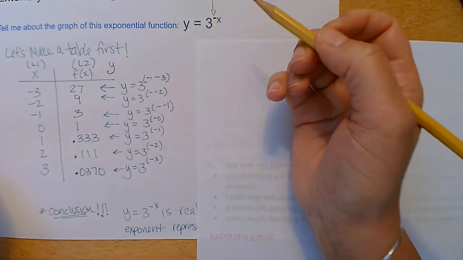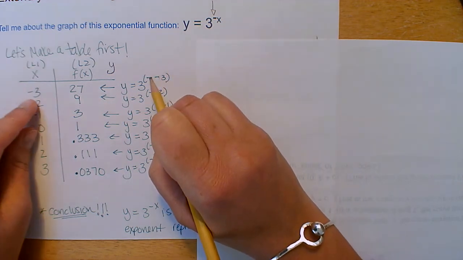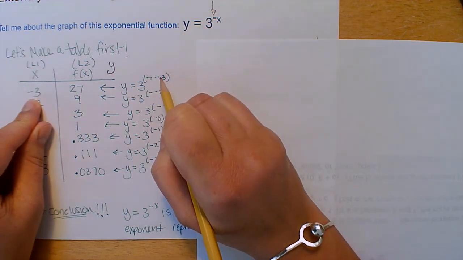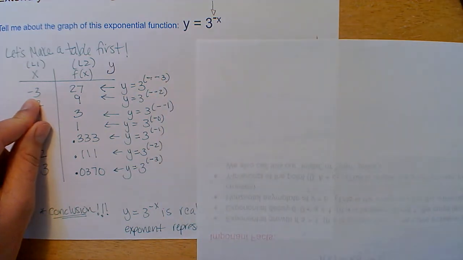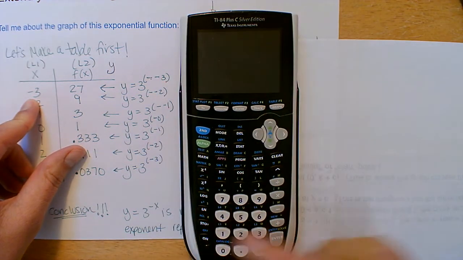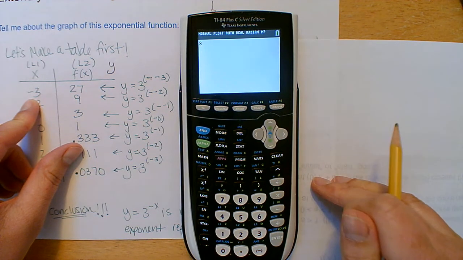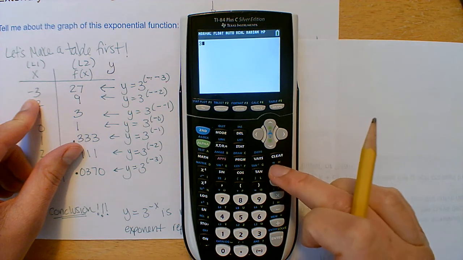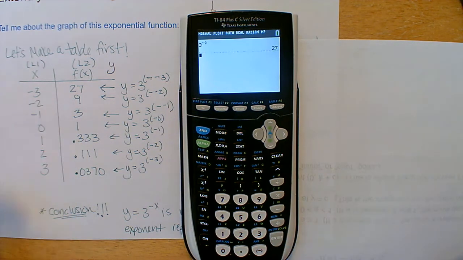But I'm showing you physically that this negative stays there, and then when we substitute a -3, we now have double negatives. You can totally do that on the calculator. So if you have 3, and then remember this is the exponent button right here, to the, and then you know the x was negative, so -3, it's going to give you 27.